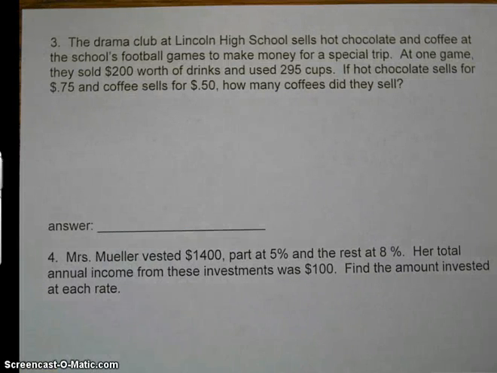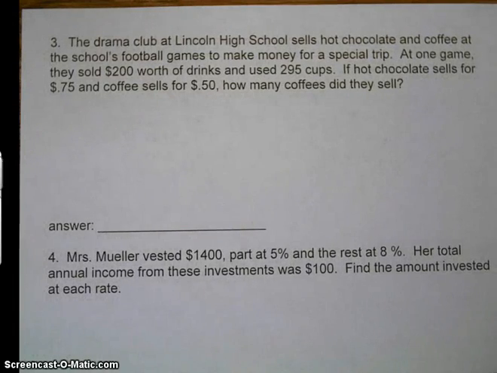Okay, here we go. Just remember, the big thing about writing equations from these problems is that the more familiar you get with how to write them, the easier they become. Okay, so let's look at number 3. Go ahead and pause the video and read it to yourself, please.